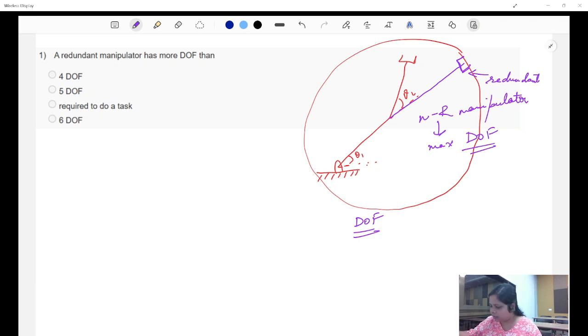Okay. Let's say we have a 3D space. What is the minimum degrees of freedom that we need to place our end effector anywhere in the space?